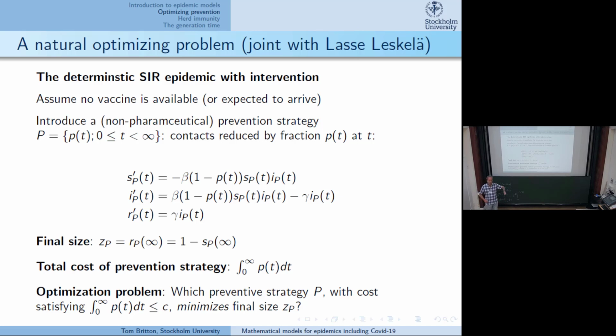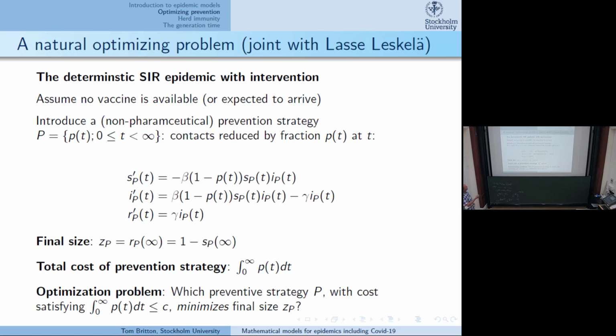Suppose we could determine this as goals. So this set of equations is the same as before, with the additional feature that we have this 1 minus p of t. p of t, you should think of as a fraction or proportion, how much we have reduced our contacts at time t.